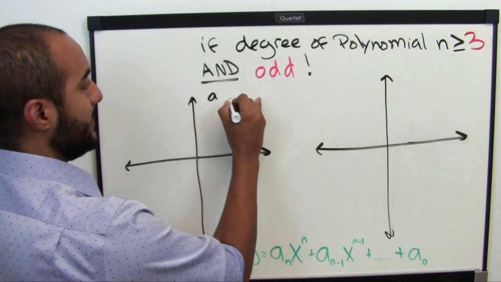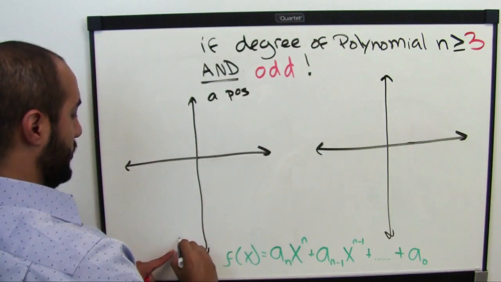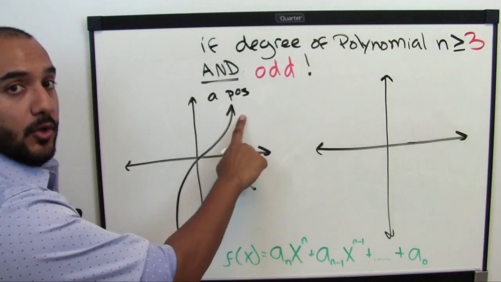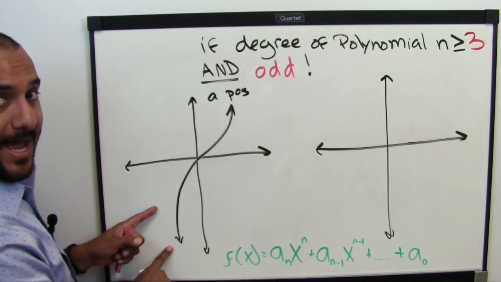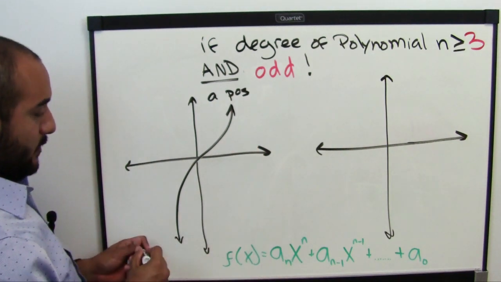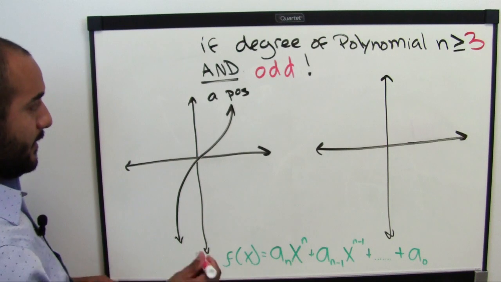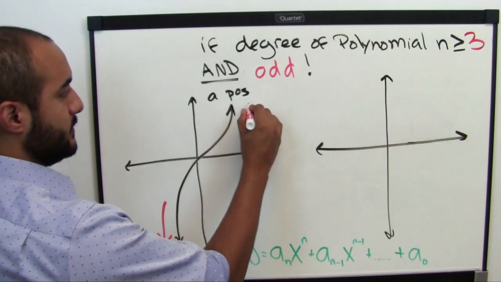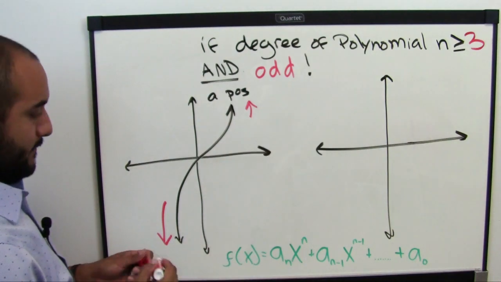So if my a is positive, remember our cubic function looks like this. You look at the ending behavior, and we know that no matter what, my ending behavior looks like this.